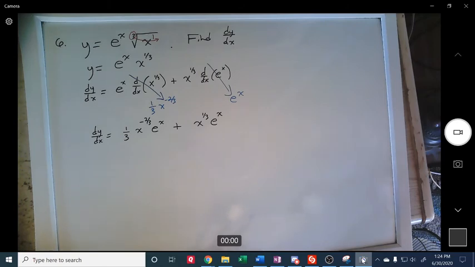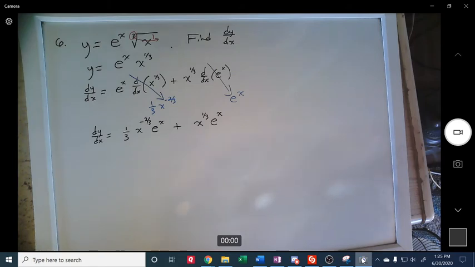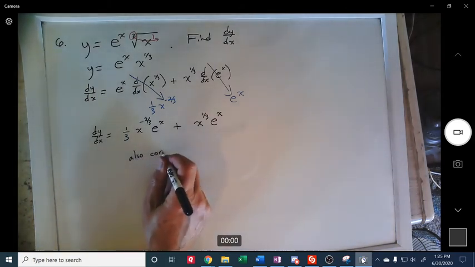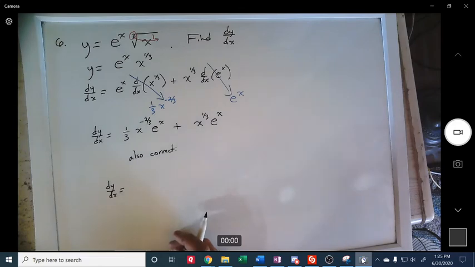All right, a quick note. Sometimes you won't see your answer looking like this if you look in the back of the book and check your answer. You might see things like this. Also correct. Just to get you used to it.